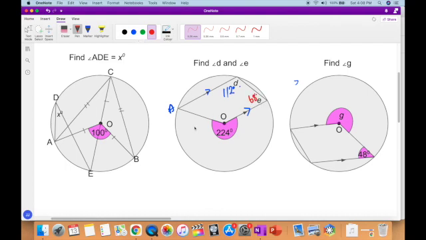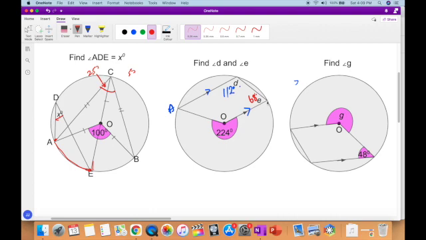You can see here that in this first one, we used this center angle to tell us that this angle is 50 degrees. We used the fact that it is isosceles to tell us that this small angle is 25 degrees, and therefore x will be 25 because they're both subtended by the arc AE.